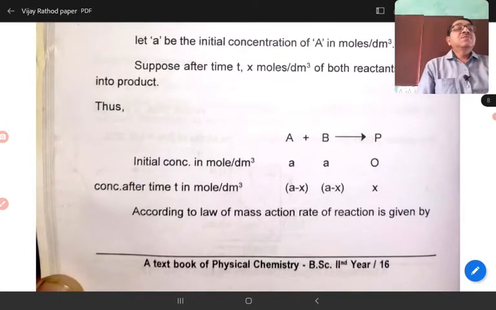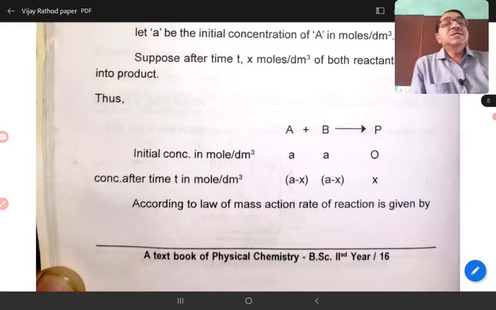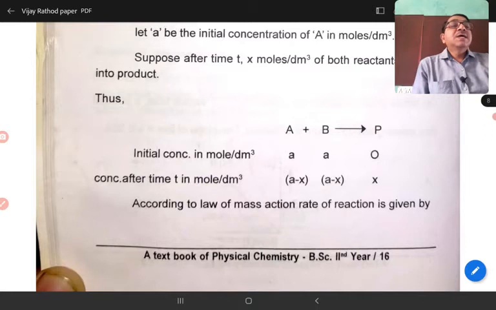Thus, when we represent A plus B gives product, the initial concentration in moles per decimeter cube is, in place of A, small a, and in place of B, again small a, and the initial concentration of product is 0 at the starting point.